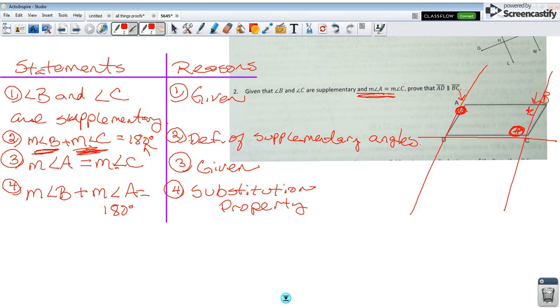Do we have enough information to prove that line AB is parallel to line DC? Let's try that one. We don't need D. Let's hear from Caleb. Caleb, you said, yeah, we have enough information to prove that AB is parallel to DC. Okay, why?